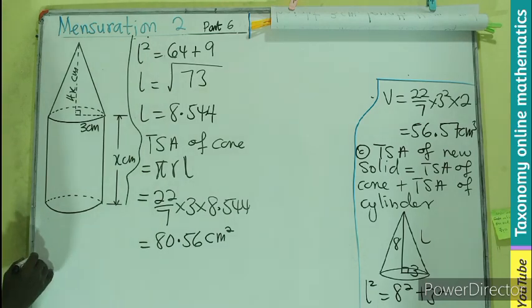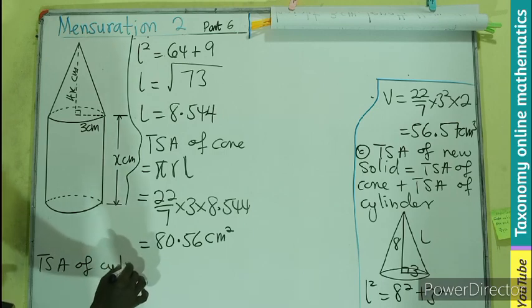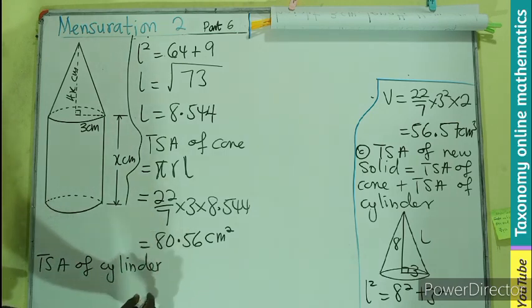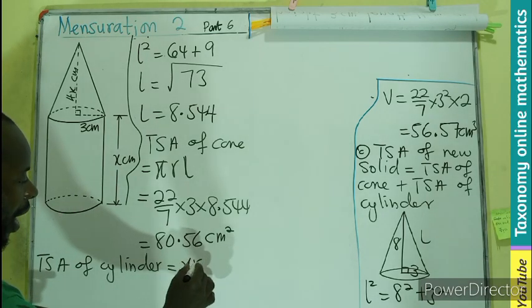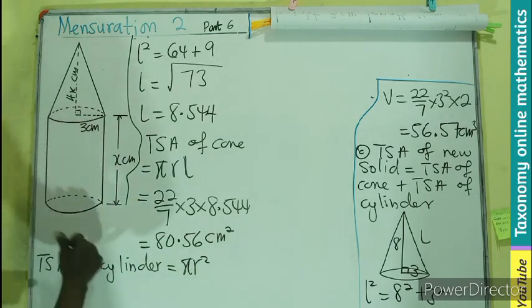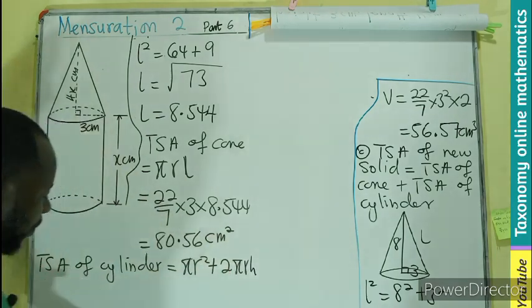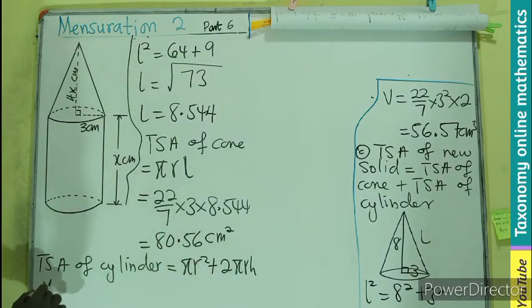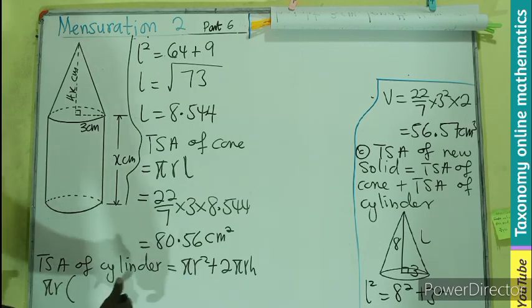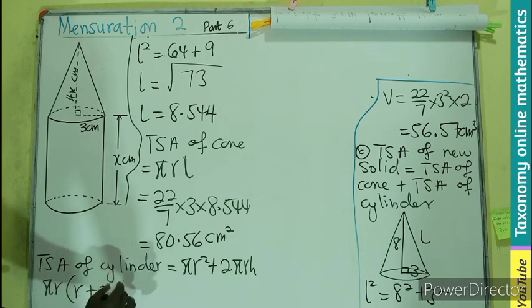Then we can also take the total surface area of the cylinder, which is going to be the base area, pi r squared, plus the curved surface area, 2 pi r h. If you do your factorization, you will see pi being outside, r being outside. Dividing this gives you r, dividing this gives you only 2h.